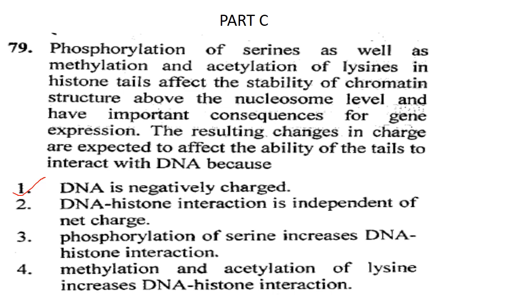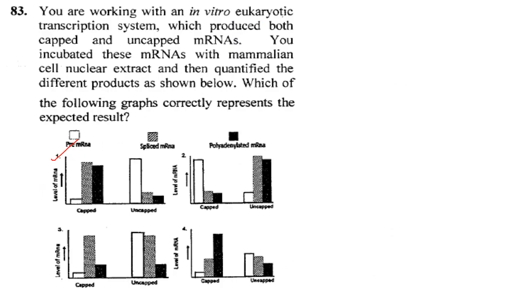Phosphorylation of serine also decreases DNA histone interaction, because phosphorylation of serine results in negative charge and it will break the DNA histone interaction. DNA histone interaction is independent of net charge. It is dependent on the net charge and DNA is negatively charged. That is the correct answer. So the resulting changes in the charge are expected to affect the ability of the tails to interact with the DNA because DNA is negatively charged.